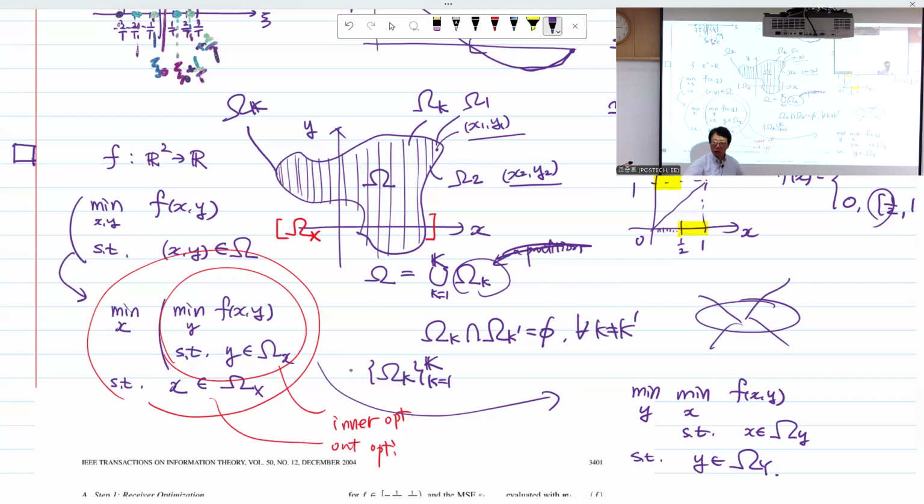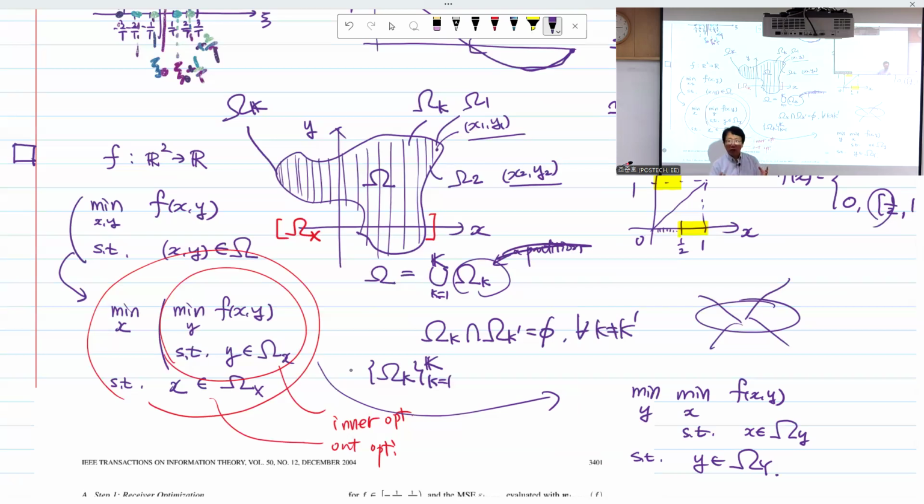You can even do some partitioning with these slanted lines, and you can do any partition if your inner optimization and then outer optimization is easy on each set.